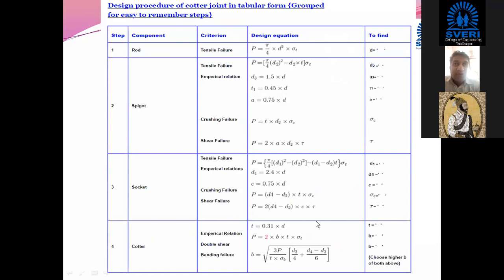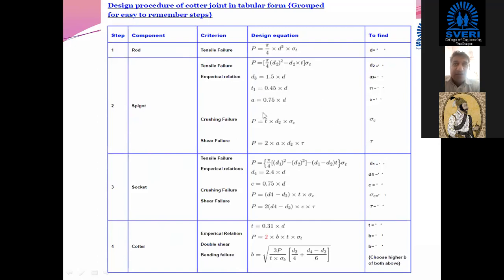Next, all these formulas which we have seen till now are tabulated here. First, we have calculated the dimensions for the rod, in which we calculated D. Then for spigot tensile failure, we can calculate D2. Then from the empirical relation, D3, T1, and A can be calculated.